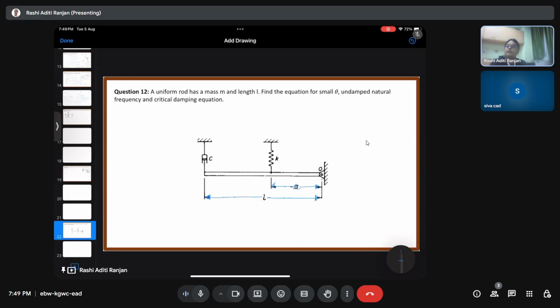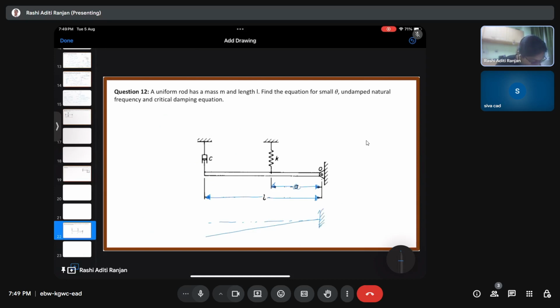Okay. And then we have a spring and a dashpot. Now, if we consider how it is going to deform, from the straight configuration it is going to be something like this.